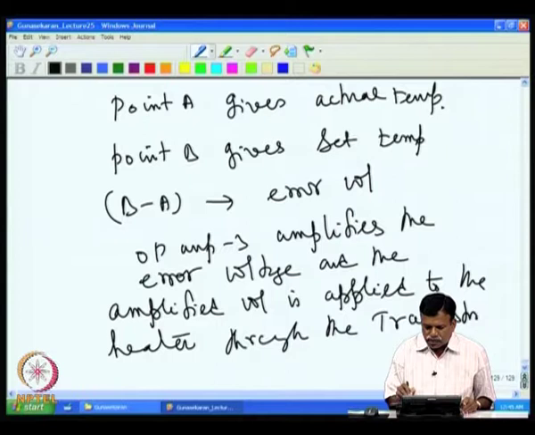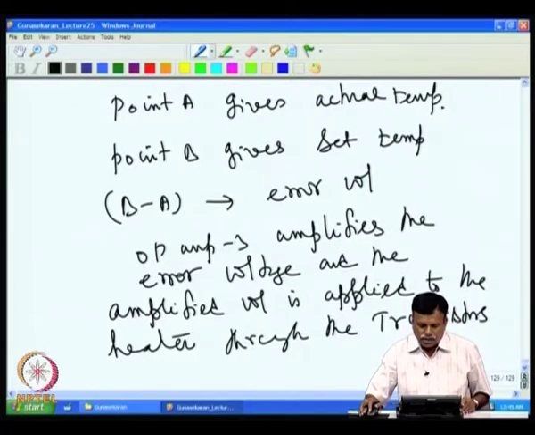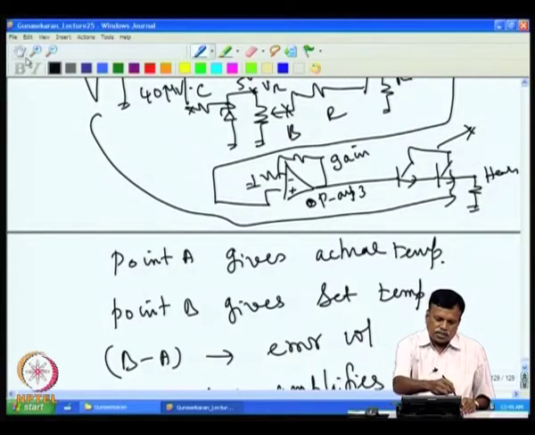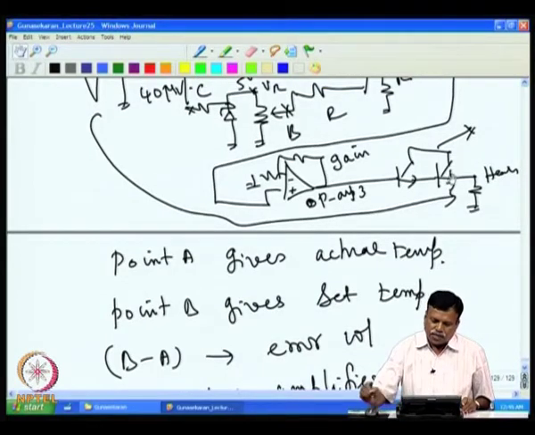Transistor is mainly used for current boosting. So, basically the error voltage at this point is amplified and applied to the heater.